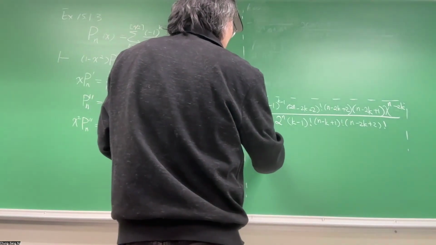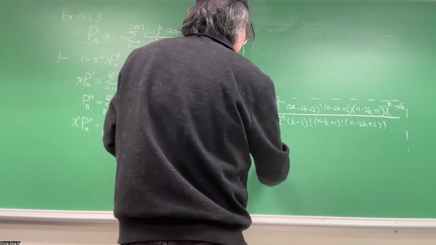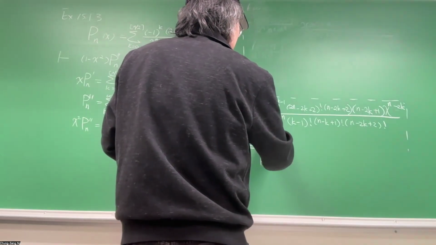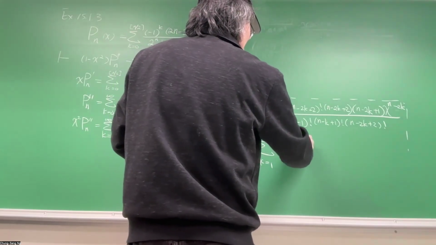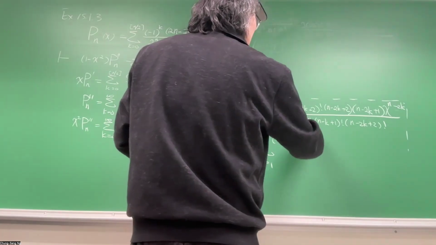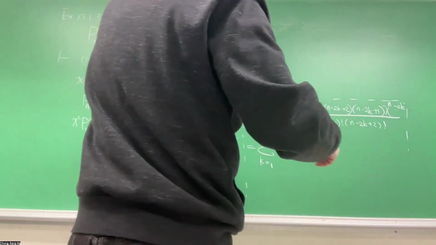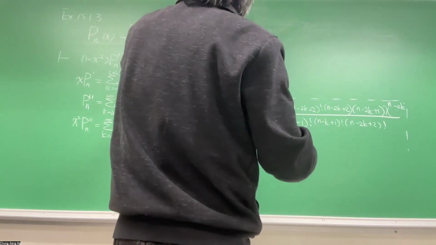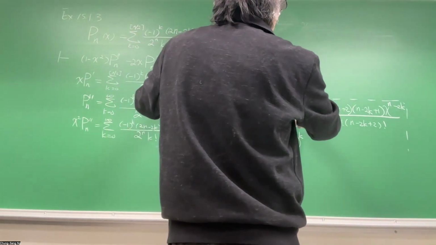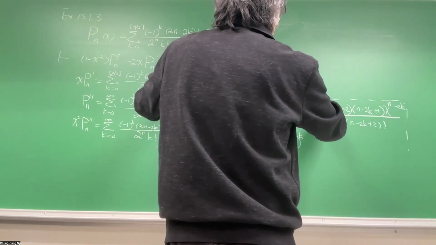So I'll just write it out. There's a minus sign, minus 1 to the k. And you have a 2n minus 2k factorial. This is 2n minus 2k plus 2 factorial.